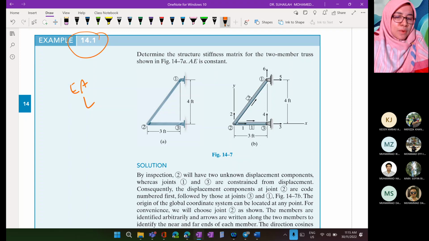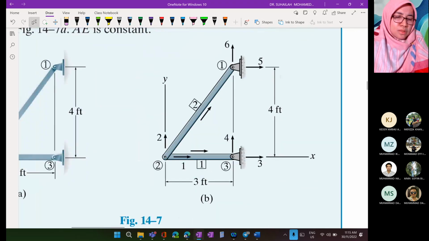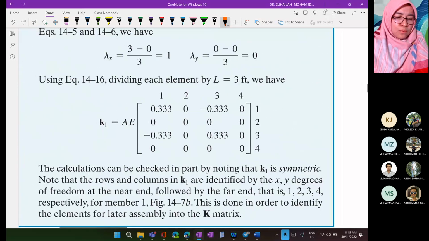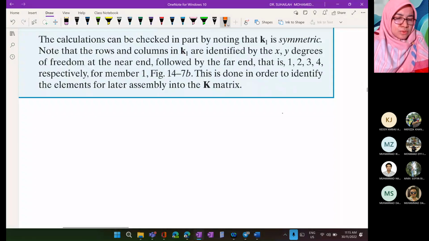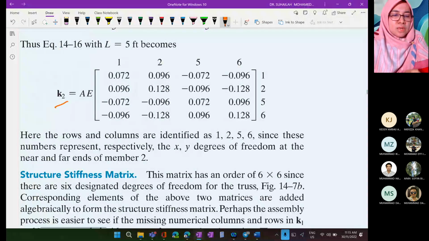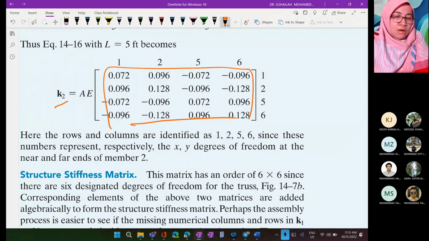So what we need to do is establish, since there are element 1 and element 2, K1 and K2. This is K2. This value we get from the formula given just now.